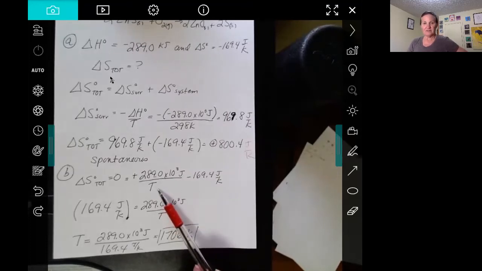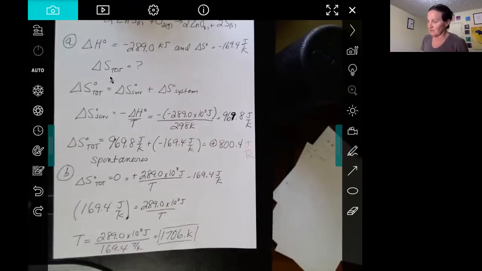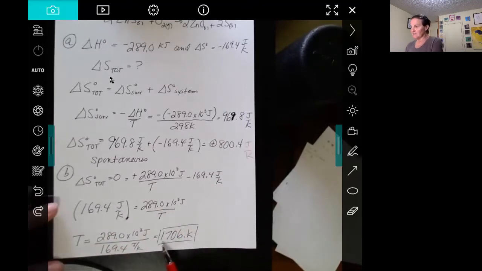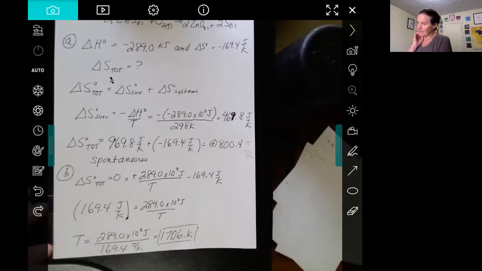And then I just have to solve for T. So at what point does it go from being a positive total to the other side where it will become negative? So if I rearrange this and solve for T, I got at a large temperature, which is 1,706 K. Does that make sense?